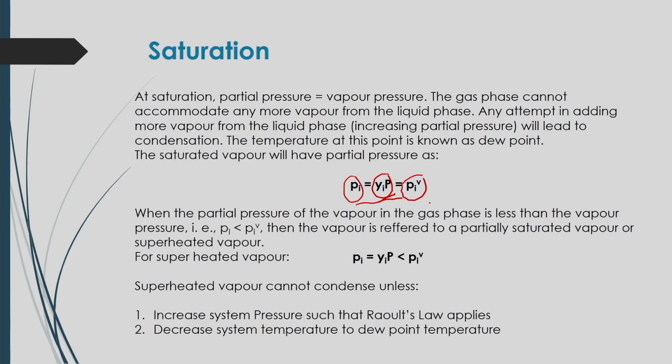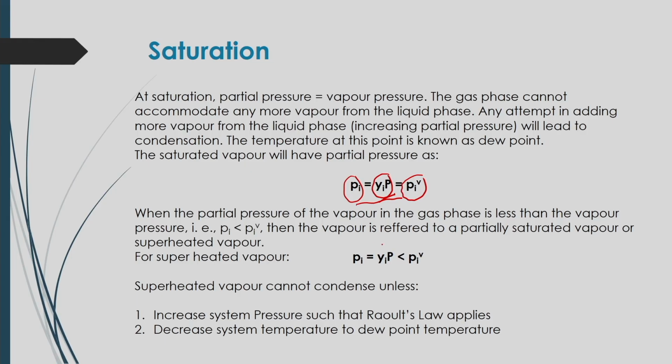So, when the partial pressure of this vapor in the gas phase is less than the vapor pressure, that is Pi less than Piv as per notation, then the vapor phase is referred to as a partially saturated vapor, or you can say it will be superheated vapor.